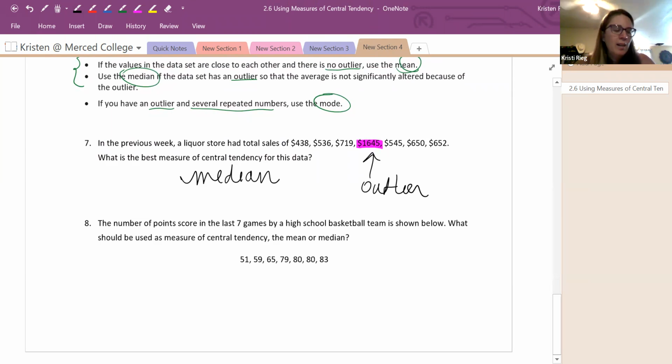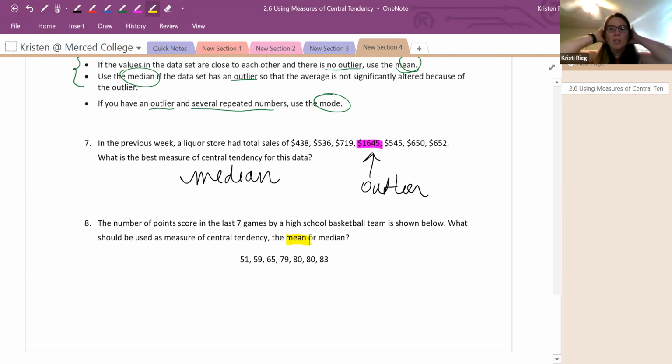This is why I like having definitions for things, because you could argue either way. You could say 51 was pretty low compared to these other ones. Or, this is what I would say, the numbers are like 50s, 60s, 70s, 80s. They all seem pretty close together. And so I say that the mean is better on this one.